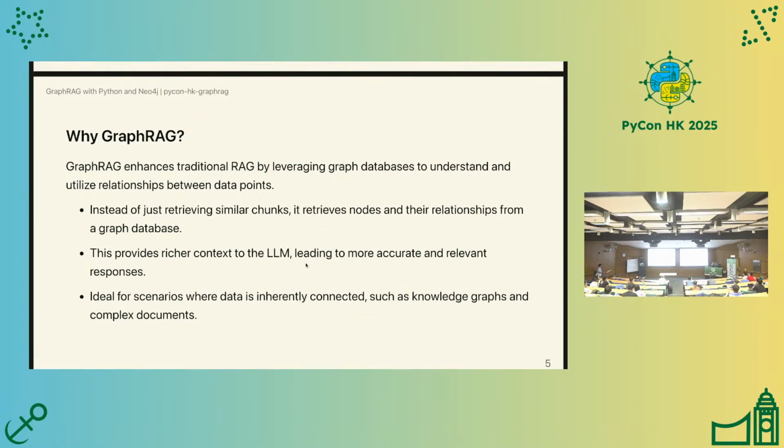So GraphRAG enhances traditional RAG techniques by leveraging graph databases to understand and use relationships between these data points. So instead of getting chunks, you retrieve nodes, which represent entities. Could be a person, could be an object, could be a concept, and you represent them as nodes with different properties, and then connect them with edges, which are also relationships, so that you can encode the relationship between objects and not just the objects themselves.